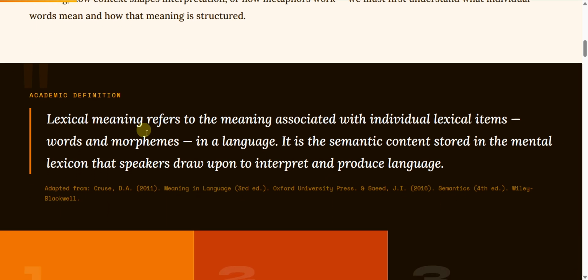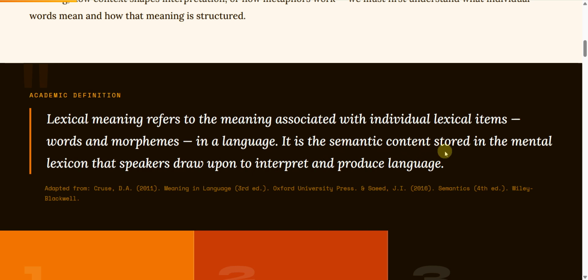Let's look at the academic definition as shown in the reference. Lexical meaning refers to the meaning associated with individual lexical items, words and morphemes in a language.